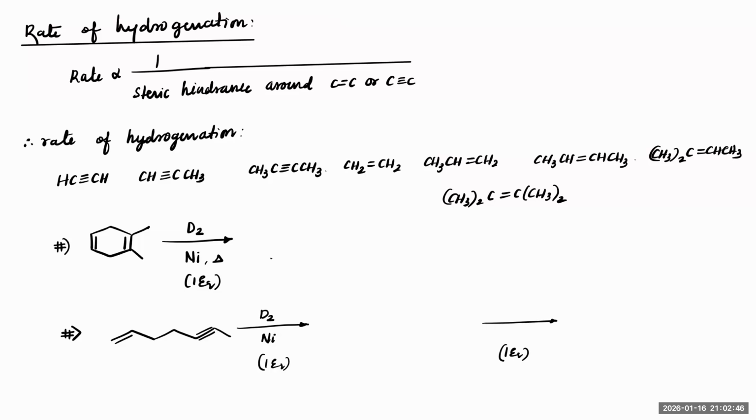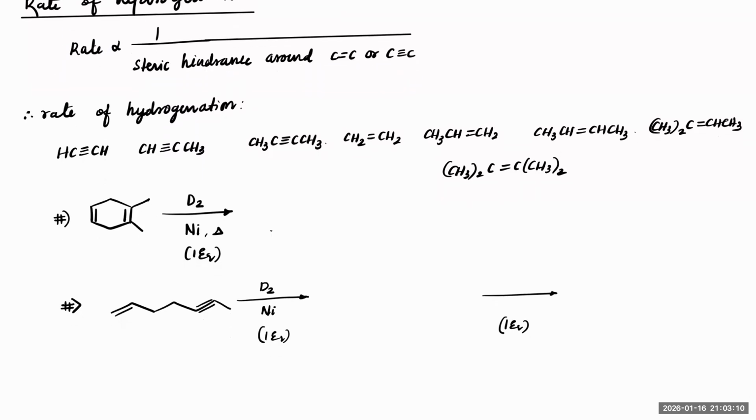And it is the metal surface on which hydrogens are embedded. And if those hydrogens have to come out and make a bond with these double bonds and triple bonds, they have to come much closer to the metal. For that, they need to be as small in size as possible. That's why sterically, if they are more hindered, the rate of the hydrogenation decreases.